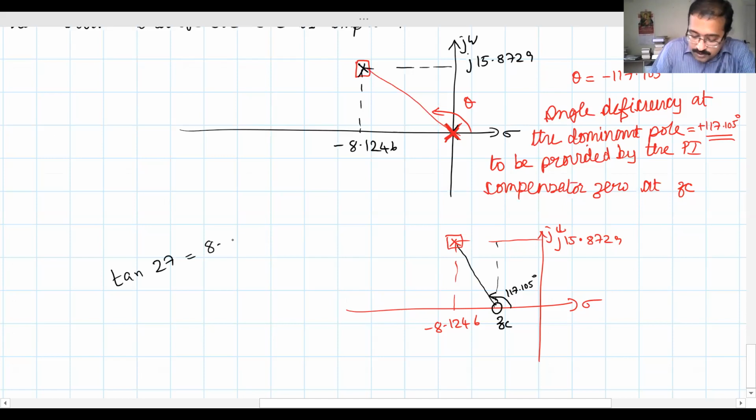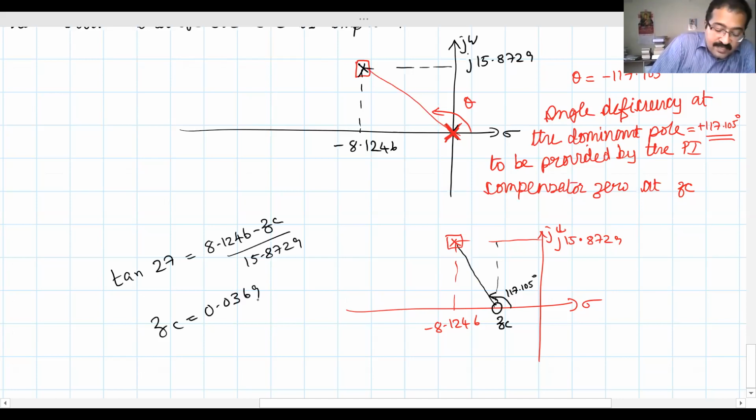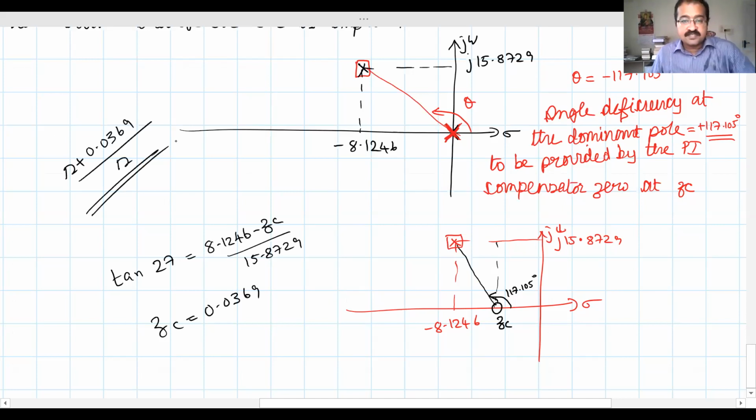The opposite side is this horizontal difference, 8.1246 minus ZC, divided by 15.8729, from which you will get your ZC as 0.0369. So what will be the PI compensator transfer function now? It will be S plus 0.0369 whole divided by S.